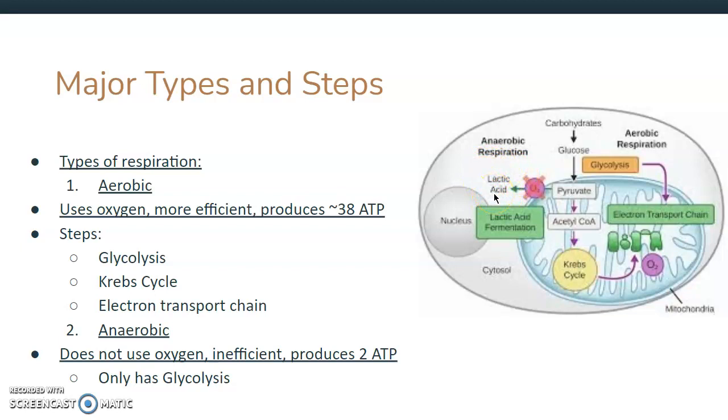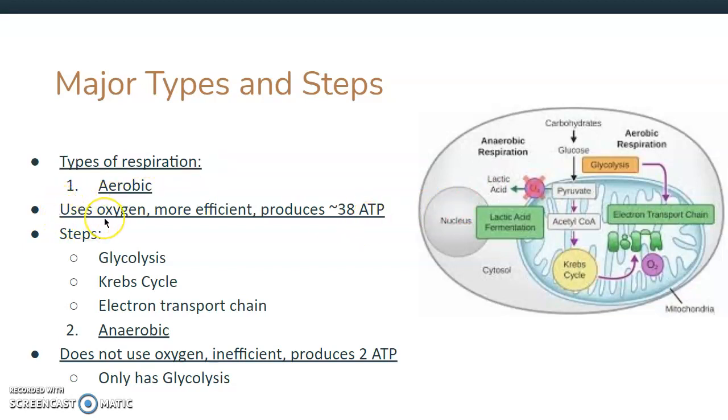If any of you have ever been running or playing soccer and your legs or arms hurt the next day, it's because of this lactic acid that gets built up. When we're running, our muscles are using a lot of energy and oxygen.